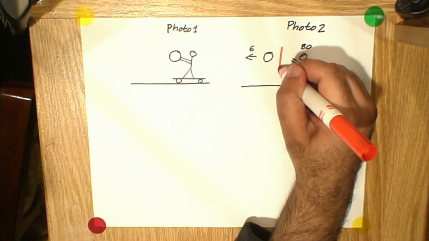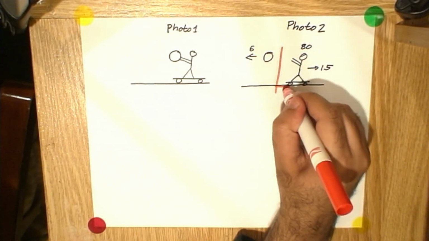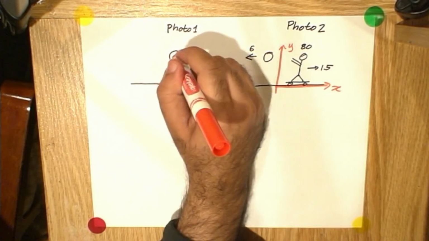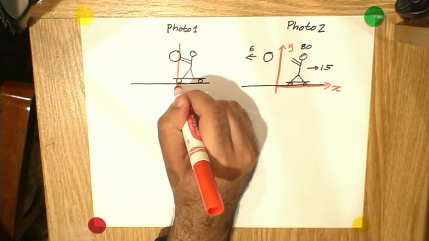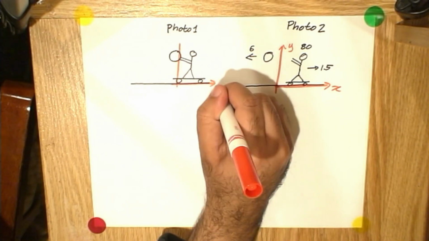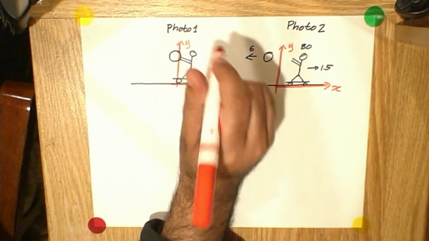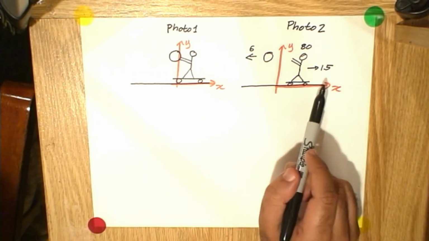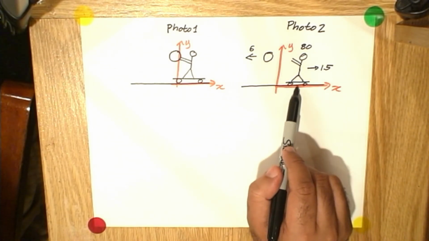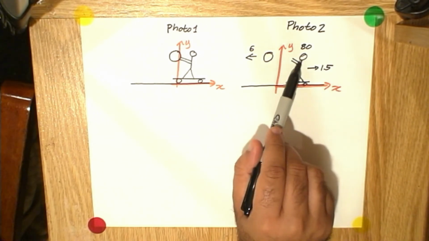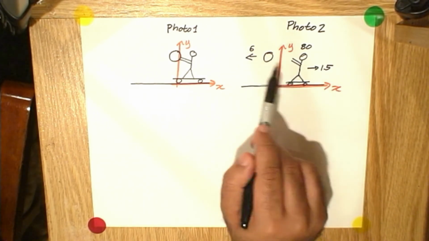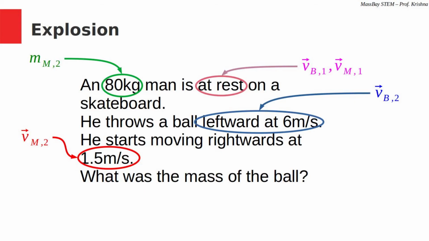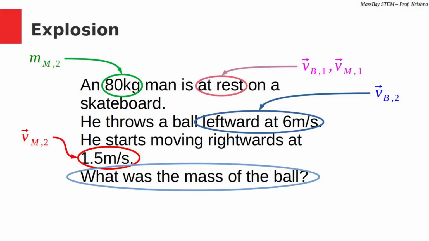Let us set our origin and axes like so. Now, because we set the positive x-axis to be rightwards, that means that the throw of the ball is leftwards, which is the negative direction, so correctly I should say -6. And what we were looking for was the mass of the ball.